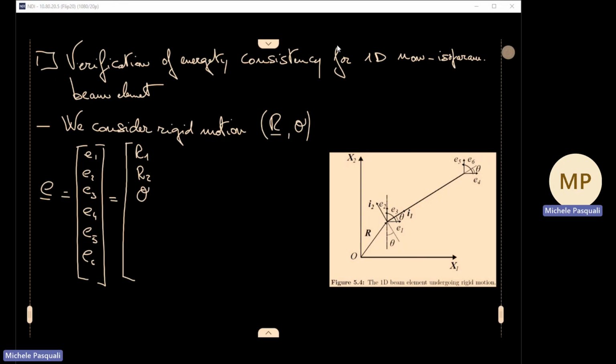And then what else? This is R1 plus, say the length of this is, let's say, L. So what's the position of the node number 2 with respect to x1?